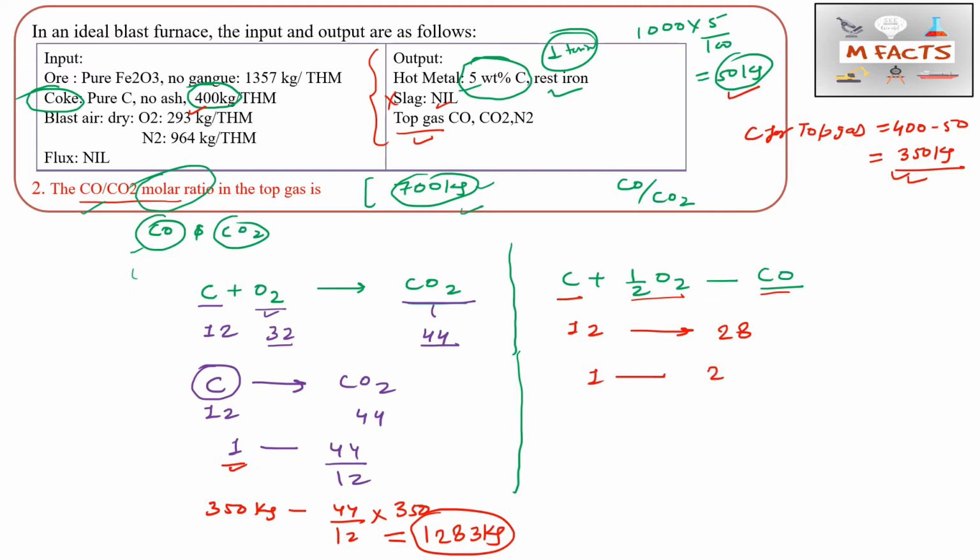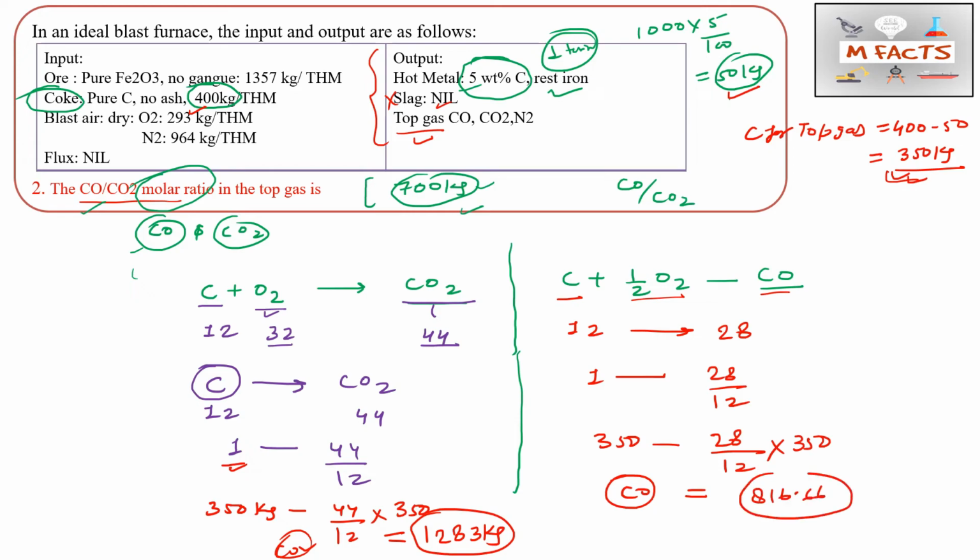So one will produce 28 by 12, and 350 kg of carbon will produce 28 by 12 into 350 kg of CO gas. This is for CO gas, and this is for CO2 gas. So this CO will be approximately 816.6 kg.